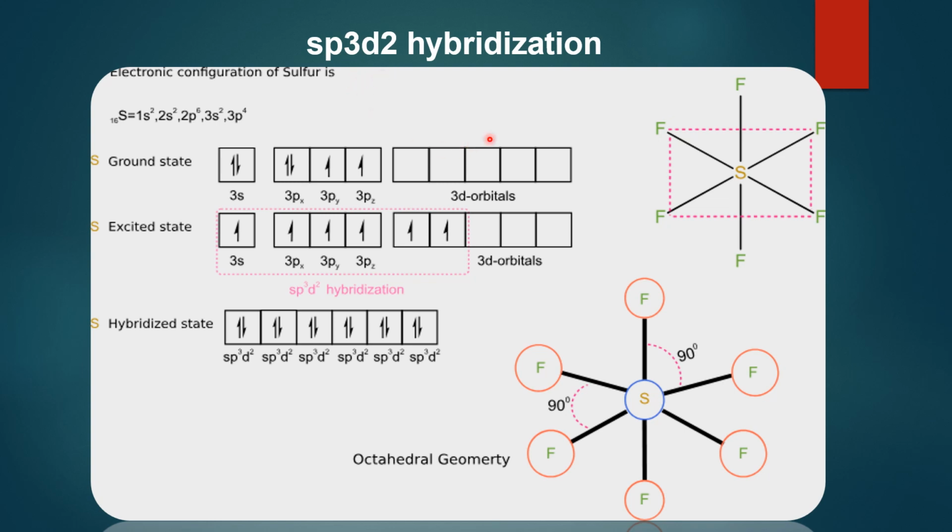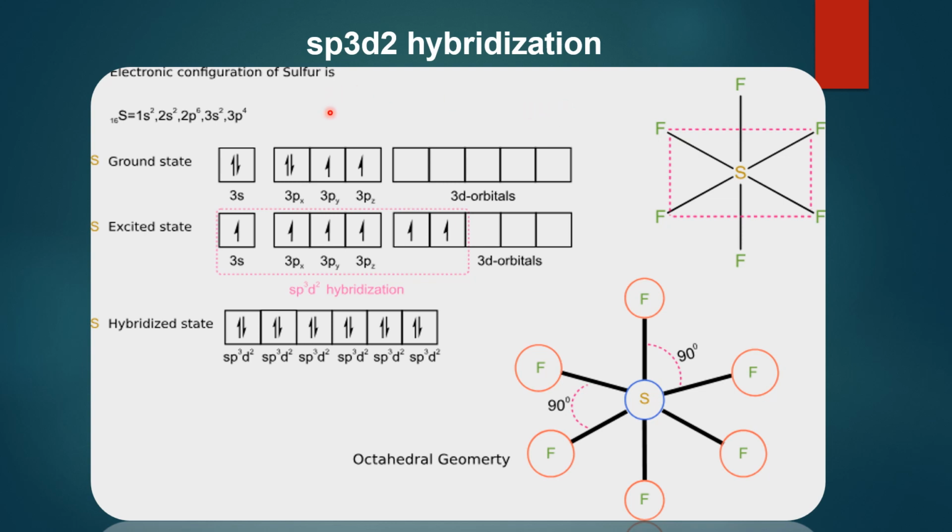These 6 sp3d2 hybrid orbitals are arranged in octahedral symmetry, making 90 degree angles to each other. This arrangement can be visualized as 4 orbitals arranged in a square planar structure, and the remaining two orbitals are oriented above and below this plane perpendicularly.